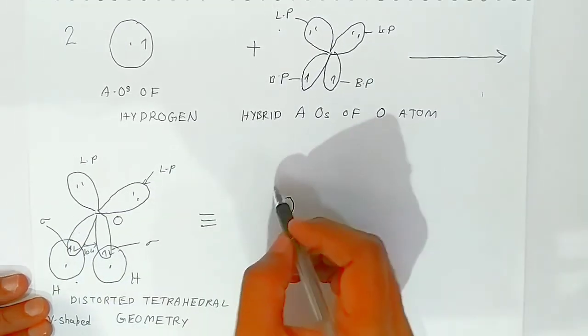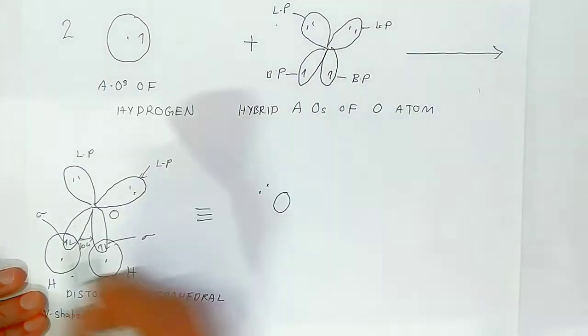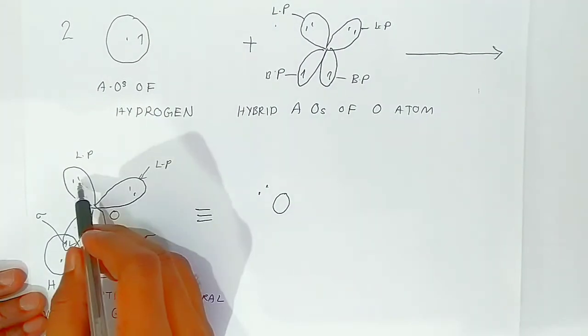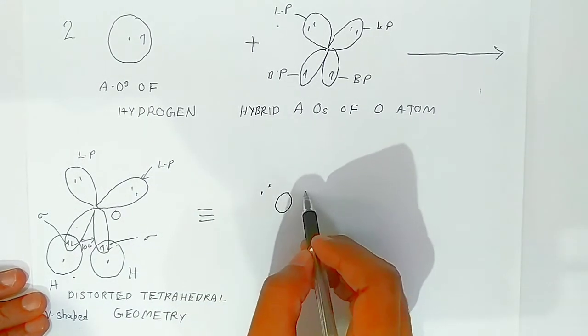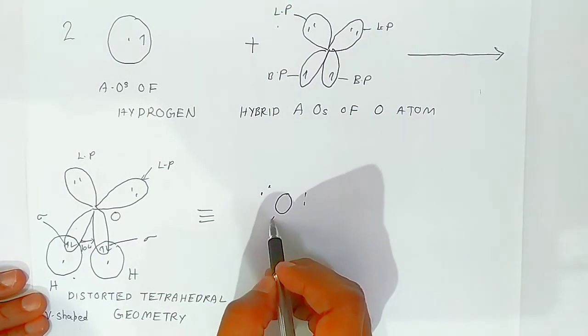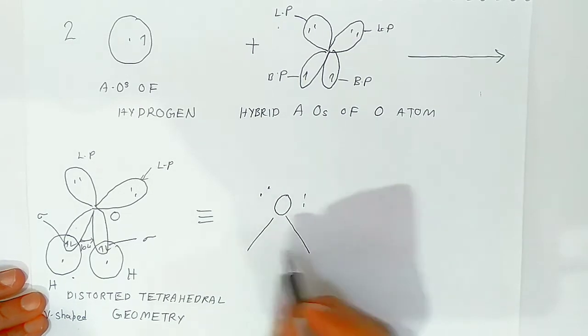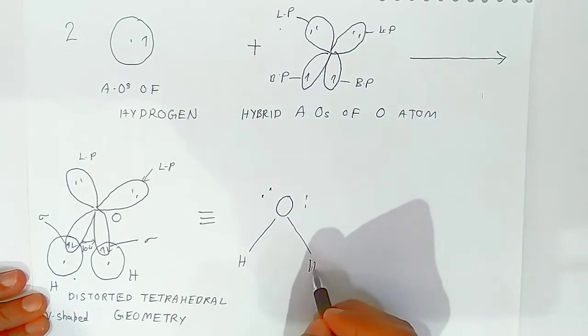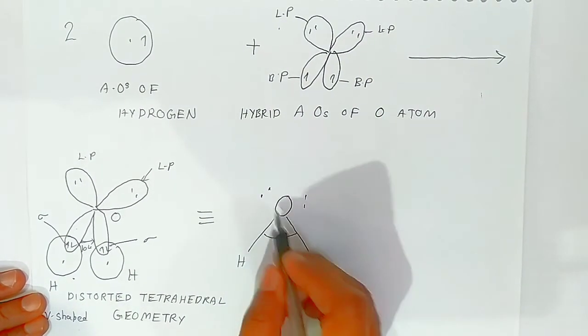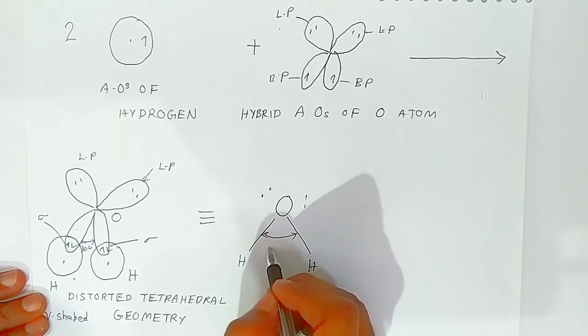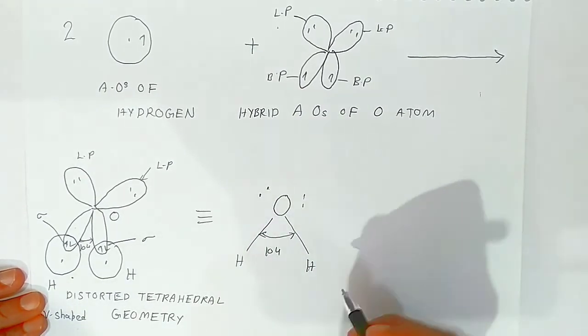This lone pair, students, we can show like this, two electrons. The first lone pair I have shown here, the second lone pair I can also show like this. And these two bonding pairs with hydrogen I have shown like this. The bond angle between the hydrogens will be 104 degrees. It is a V-shaped structure.